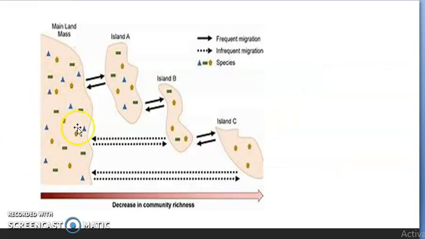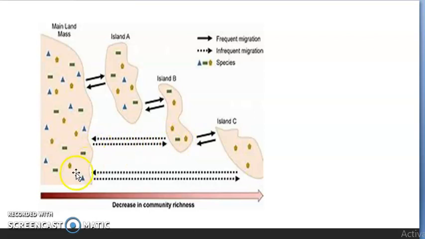Here this is the mainland, this is island A, suppose this one is B and this one is C. Here you can see the frequent migration. There are chances of frequent migration and immigration from the islands nearer to the mainland, and fewer chances of immigration and extinction if the island is far away from the mainland.